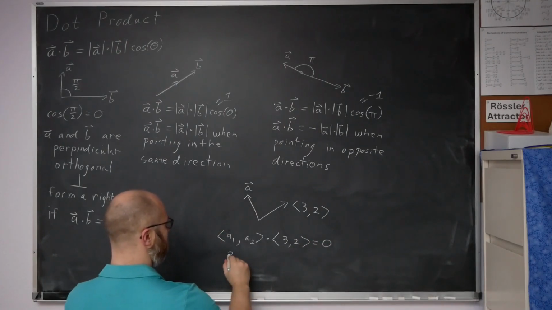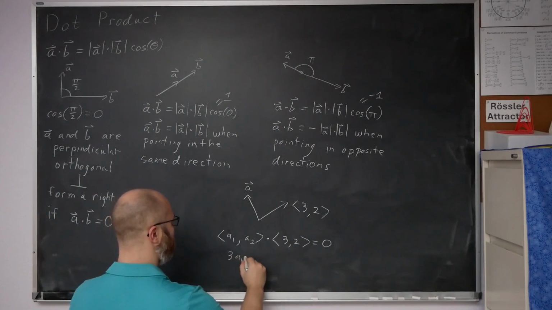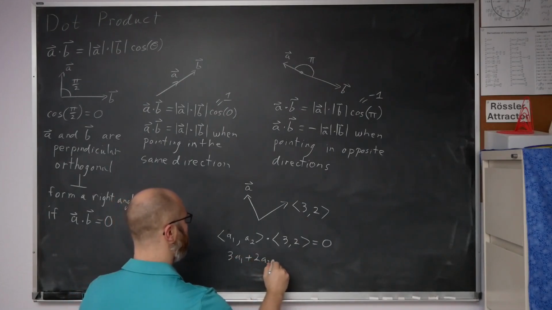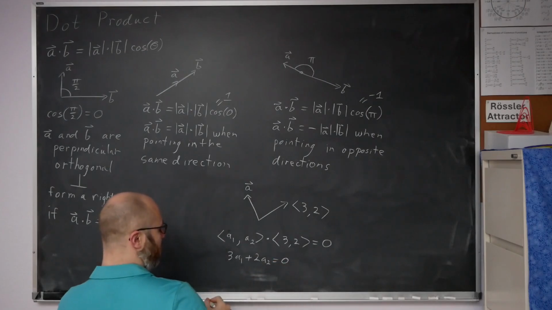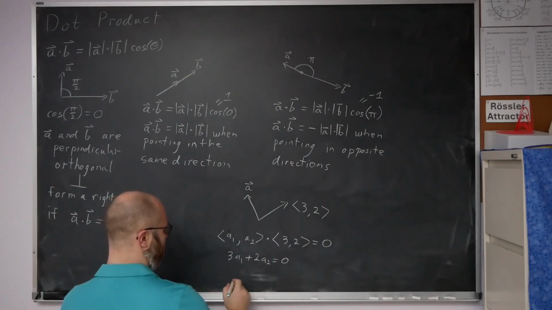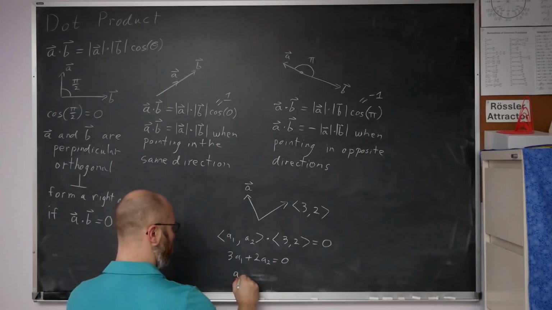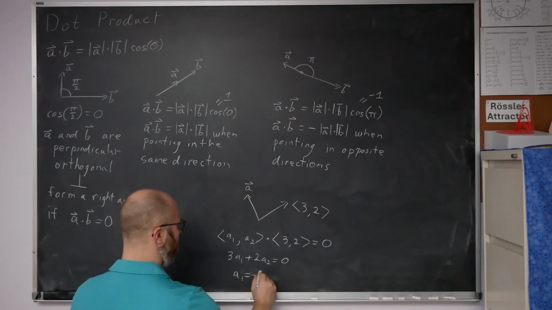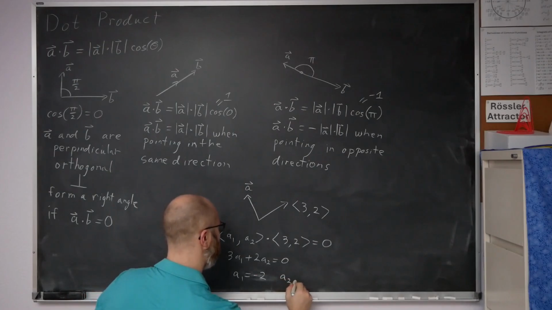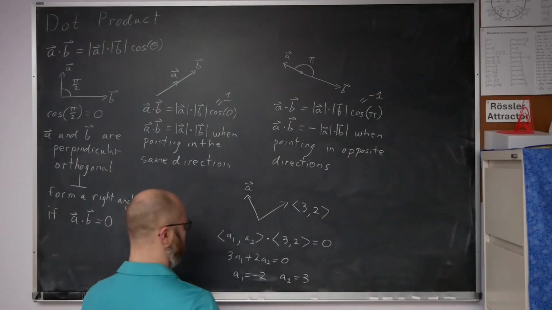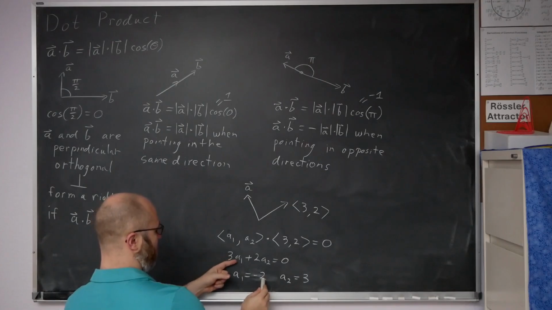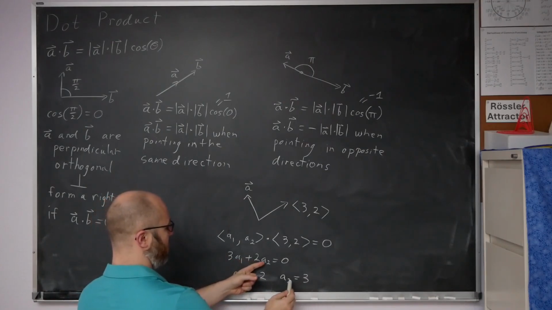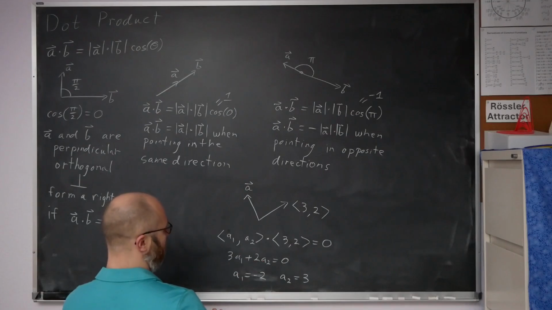Well, if that's the case, then I want 3 times A1 plus 2 times A2 equal to 0. So one option is I could have A1 equals, let's just say -2, and A2 is equal to +3, right? Because then I'll have 3 times -2 plus 2 times +3. That'll cancel out.